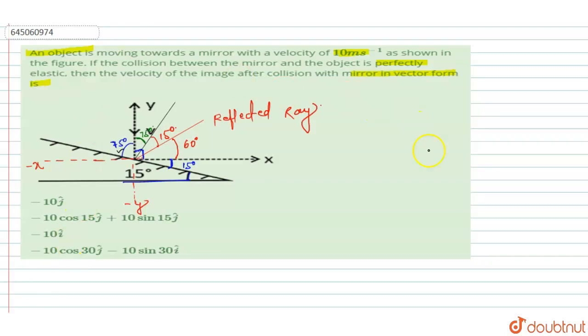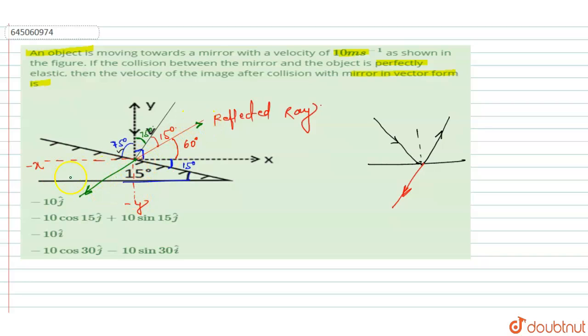And we know that in any plane mirror, with the incident ray, the normal and the reflected ray, the image is formed just opposite to the reflected ray. Similarly, this is a reflected line, and the image is formed just opposite to it, in this direction.